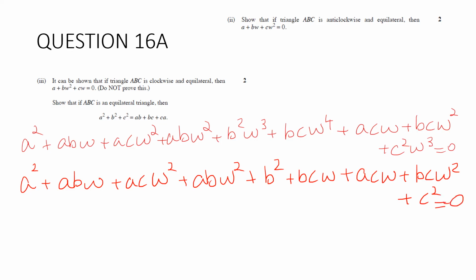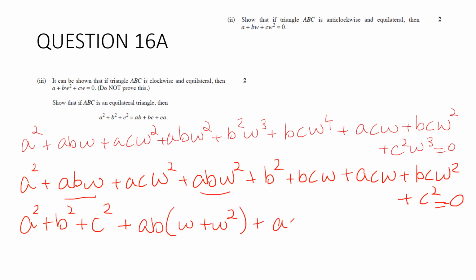All right, so A squared plus B squared plus C squared plus, let's collect these ABs together, and the ACs, and the BCs.